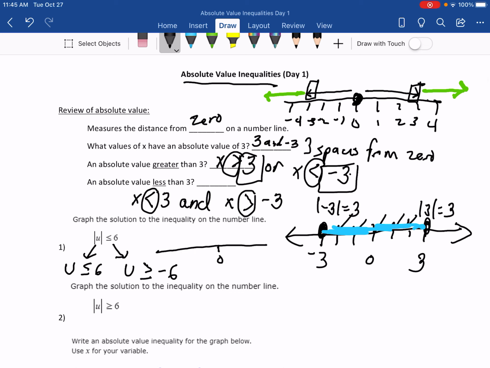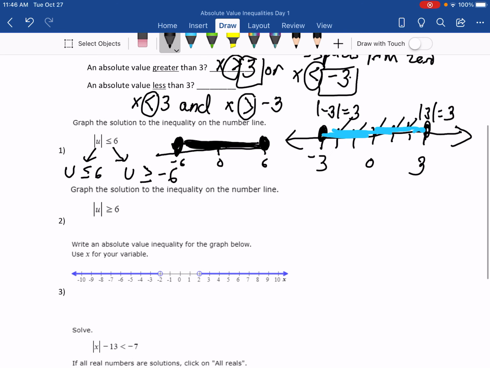Here's 0, +6, -6. Less than or equal to 6, filled in circle, going left; greater than or equal to -6, filled in circle, going right. So it's going to be the stuff that's in between them.